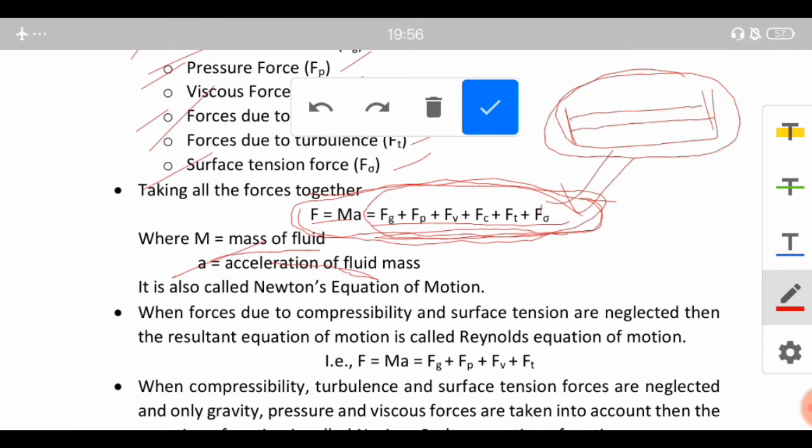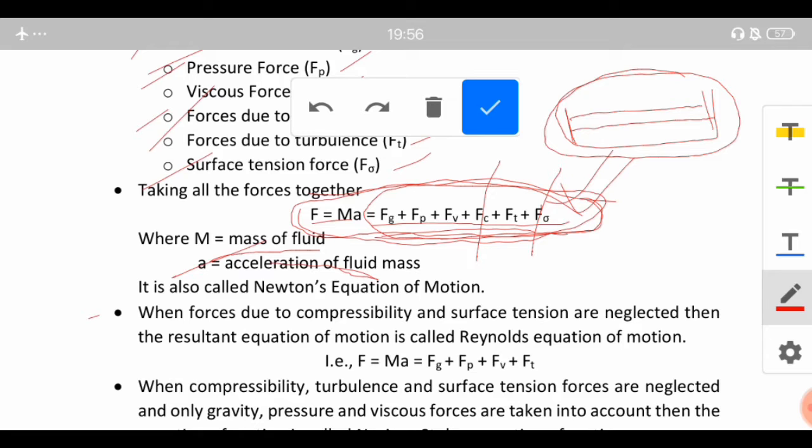Next, when forces due to compressibility and surface tension are neglected, the resultant equation of motion is called the Reynolds equation of motion.